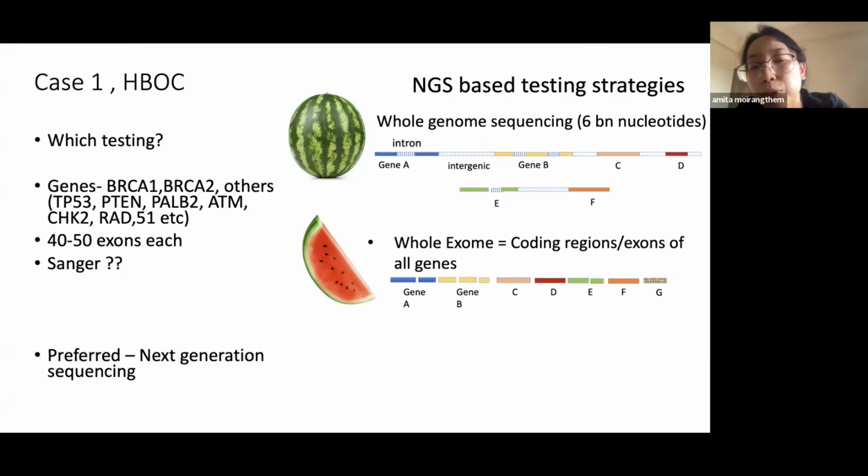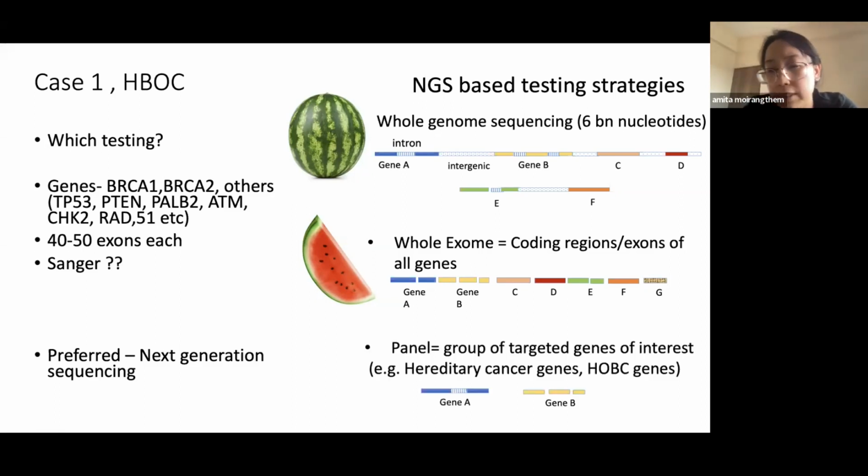However, these are the functionally most important regions of the gene and account for around 80 to 85% of mutations in almost all monogenic disorders. So that's why, cutting the technical complications and the cost, this is of maximum benefit. So this is whole exome sequencing.